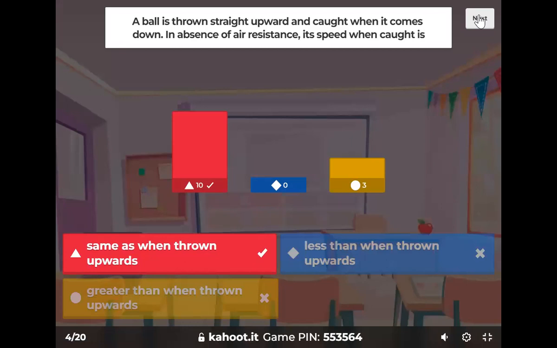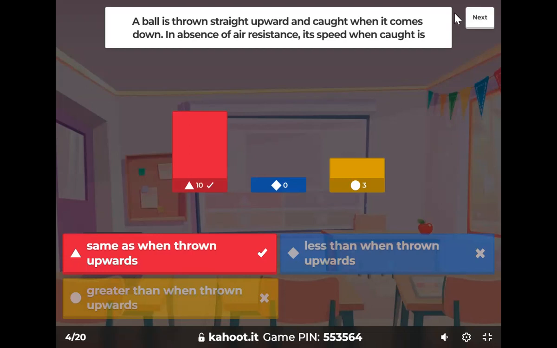It's the same speed as when it was thrown upward. And we were looking at it already. That's what this was, right? You guys remember if you throw the ball upwards at 30 meters per second, it goes 20, 10, 0, 10, 20, 30. So you catch it at the same speed that you threw it. In terms of velocity, it's just the opposite direction. It's the same speed, right? Same magnitude of velocity, same speed. You guys remember that, right?